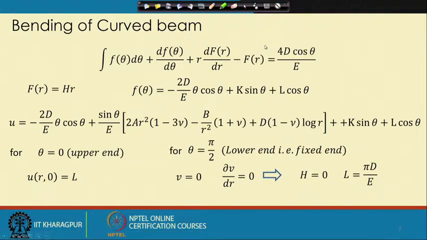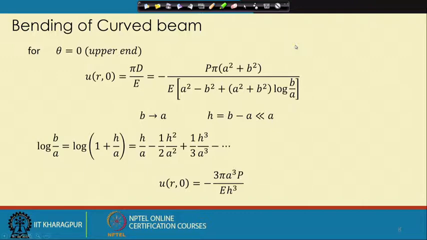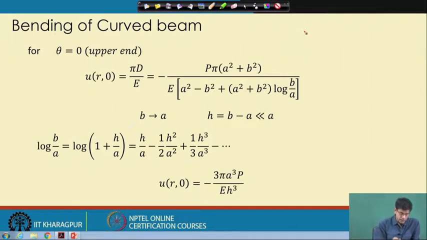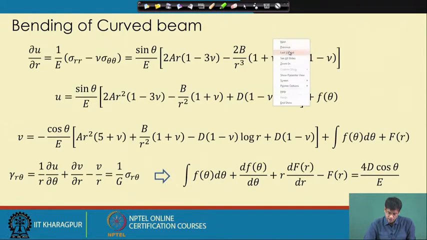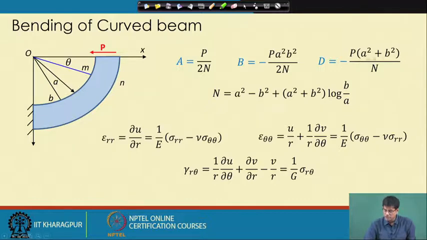Now if we see the cantilever that we have seen earlier, at the upper end or the free end of the cantilever, u r theta is pi d by E. Now this d, if we substitute from the previous expression, is minus p a square b by n, where n is a square minus b square plus a square plus b square log of b by a.